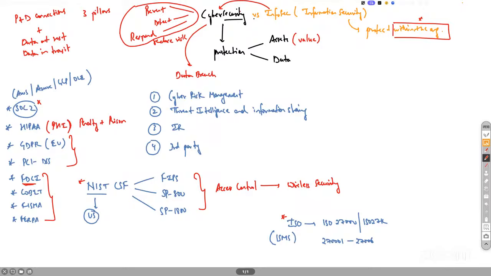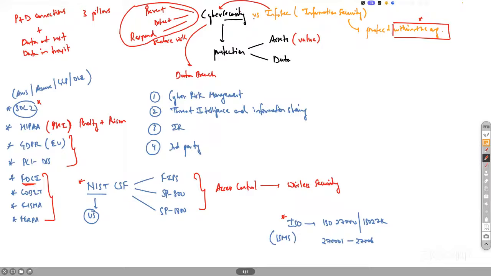My question is, is there any reference for the standards which you have mentioned, so we can go through it? Any link or something? So, Google is your friend. Each of these frameworks has its own individual website. If you go online and type in NIST CSF, it's going to redirect you to the NIST website.